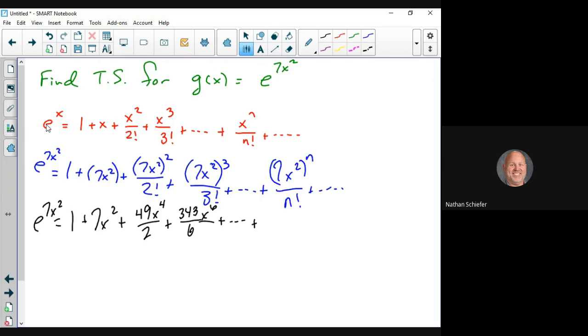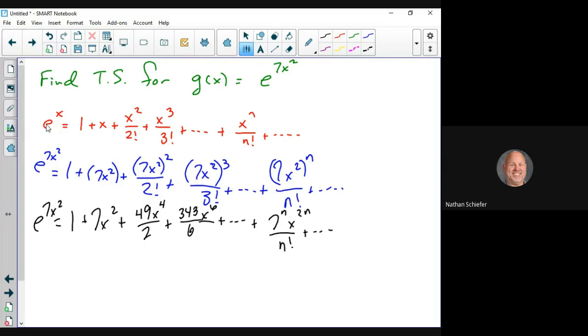And then this would be, as a general term, what would it be? 7 to the n, x to the 2n over n factorial. Something that is quite complex that if you started taking derivatives, you would not want to.